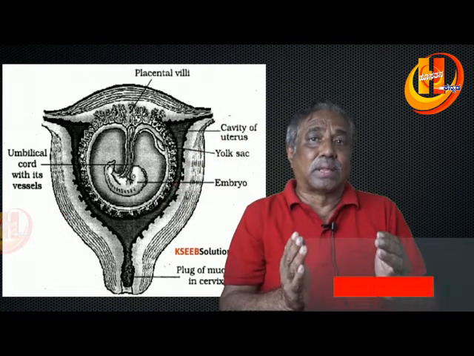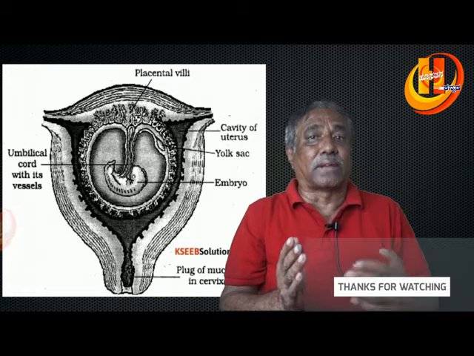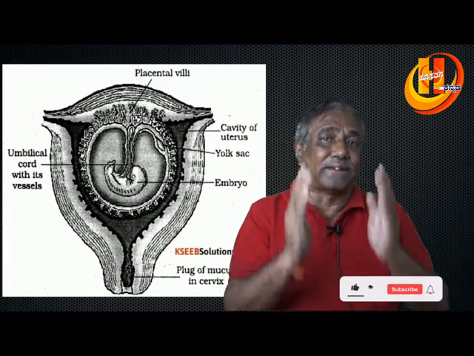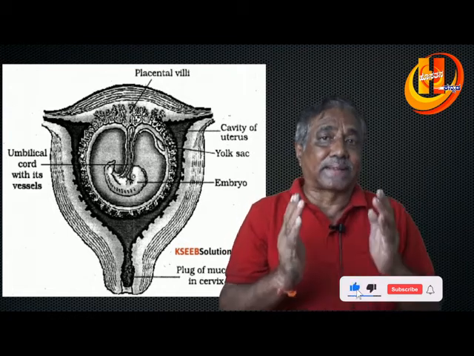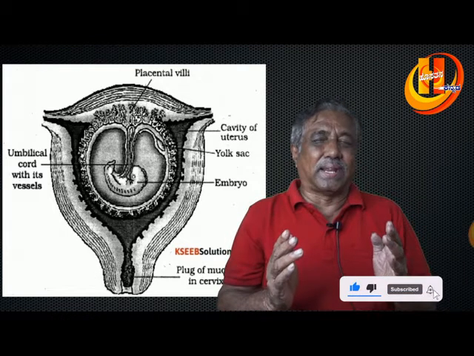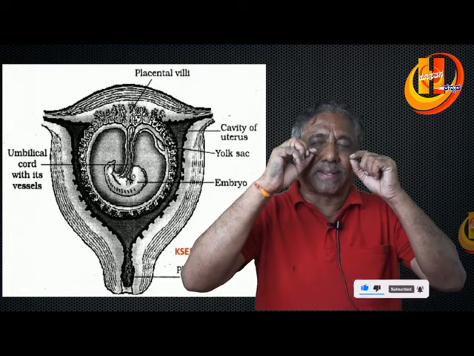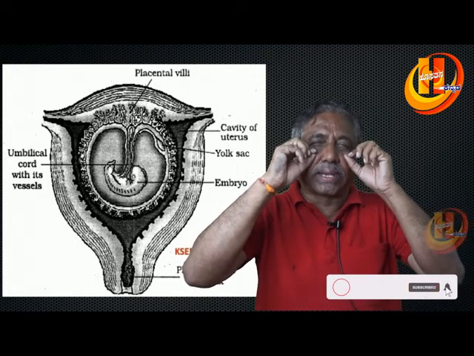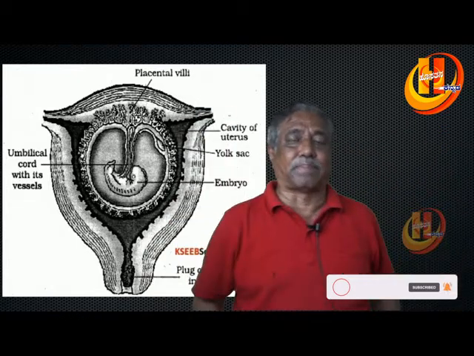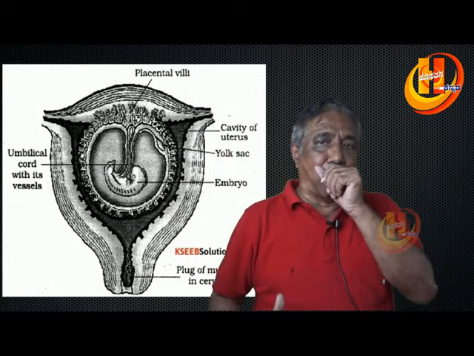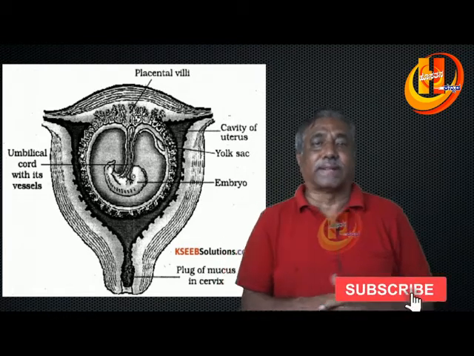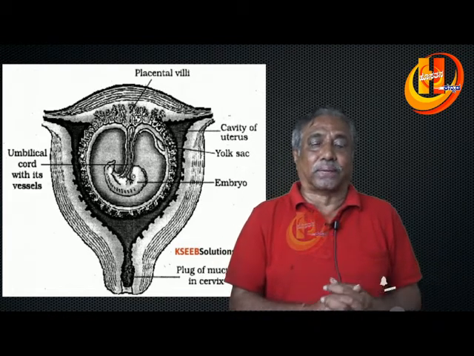At the end of the second trimester, that is 24 weeks or 6 months, eyelids get separated and eyelashes appear.